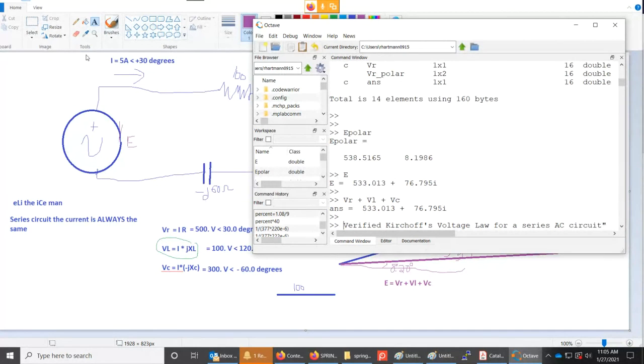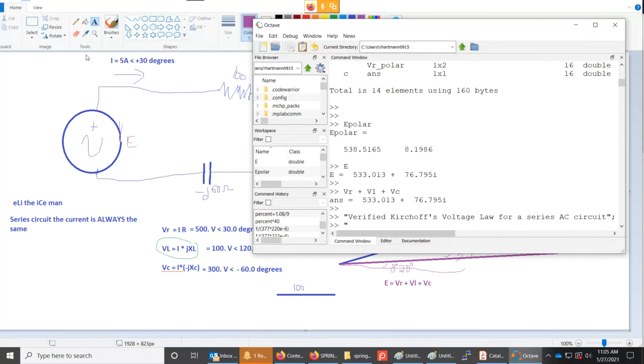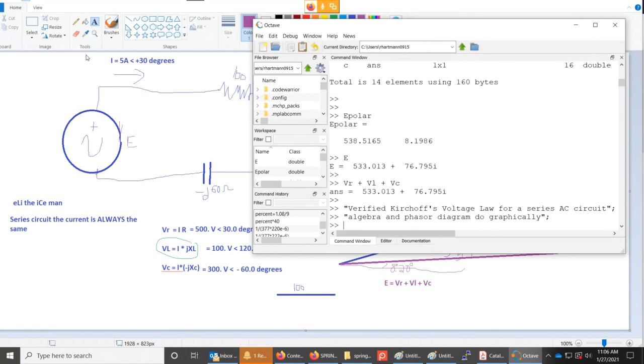And we've done that using algebra and using a phasor diagram, so we could do it graphically. All right, any questions about that?